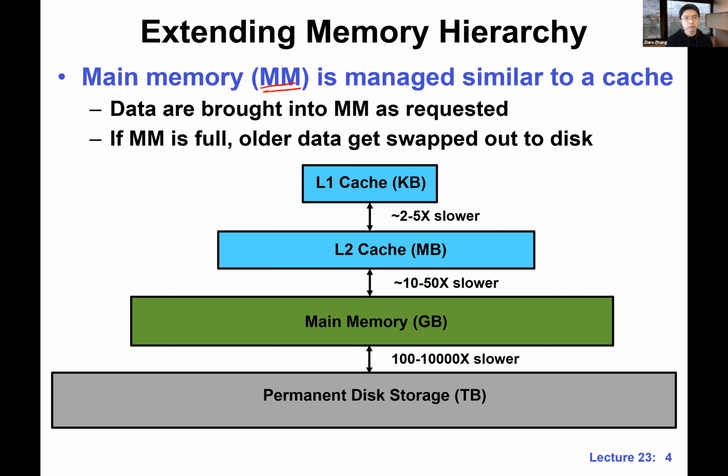When MM is full, since we only have limited capacity, we have to evict some data from the main memory and move it to the disk. That's where we have to swap data in and out, and this is where we can use something similar to the cache mechanism. Make sense? So this is the first goal: we want access to a larger capacity.